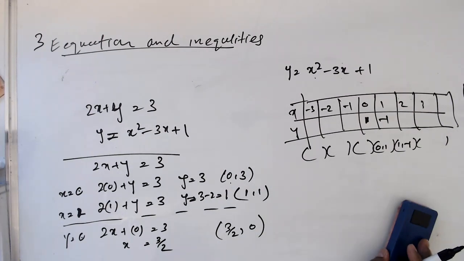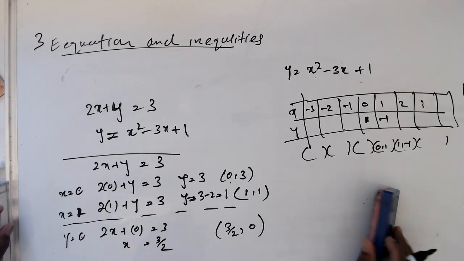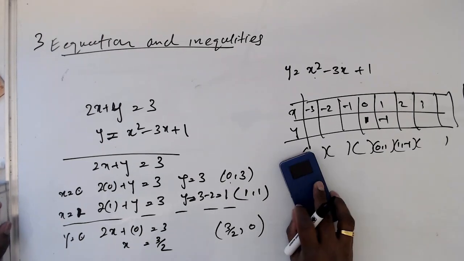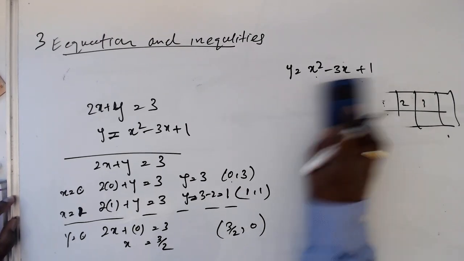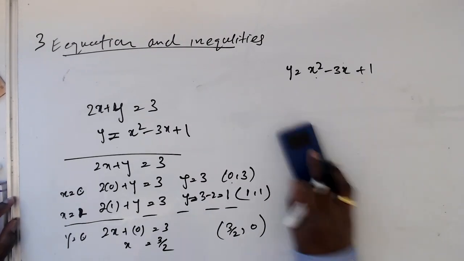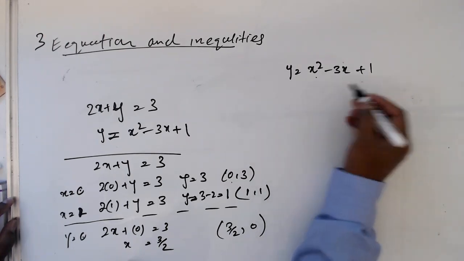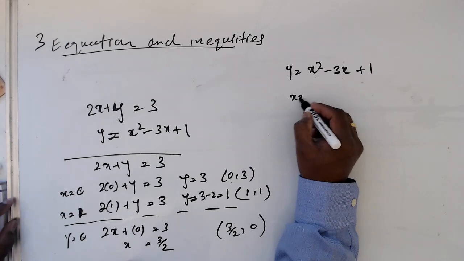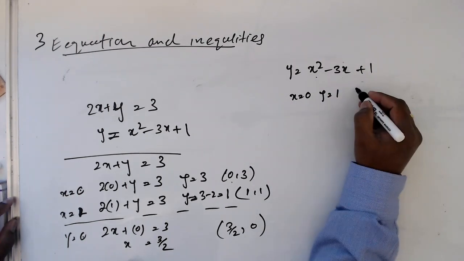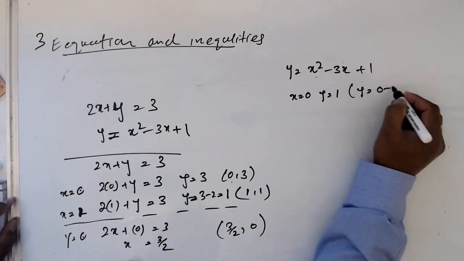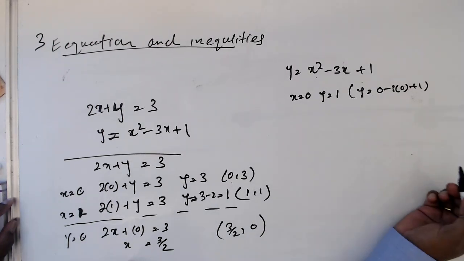But I'll do a sketch on this one, not a proper drawing. How do we sketch this one? When x equals 0, y equals 0 minus 3 times 0 plus 1, the answer is 1.